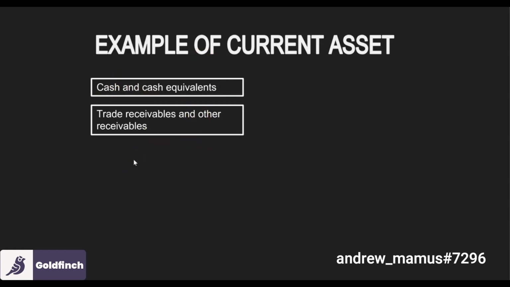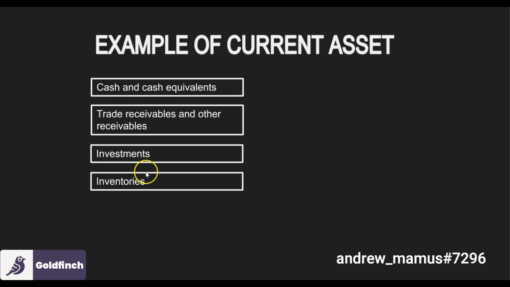Another example of a current asset is trade receivables and other receivables. Then we have investments made by the company, and we have inventories. Inventories are what the business has in stock. Let's say, for example, they have goods available; these are their inventories.